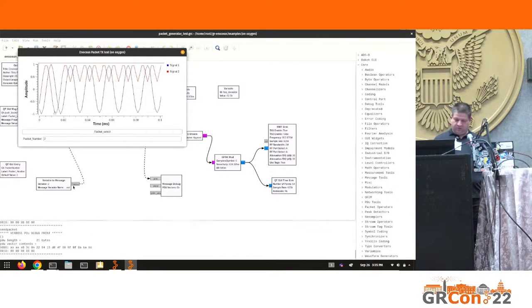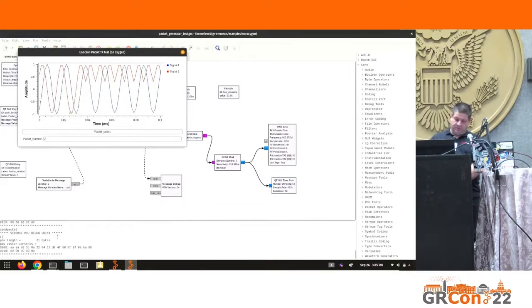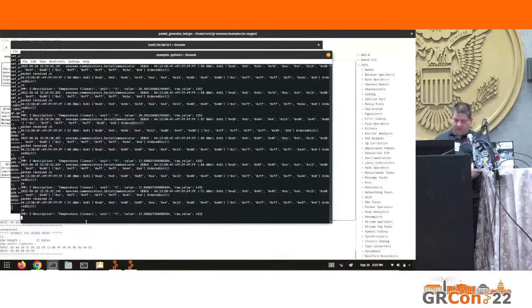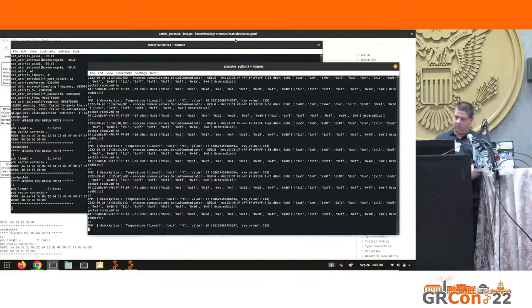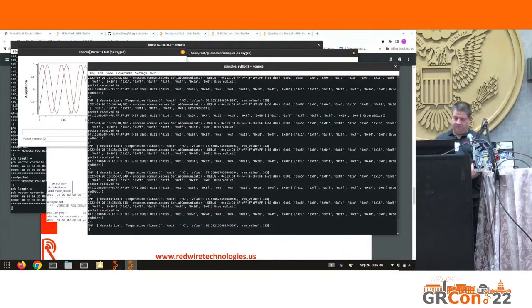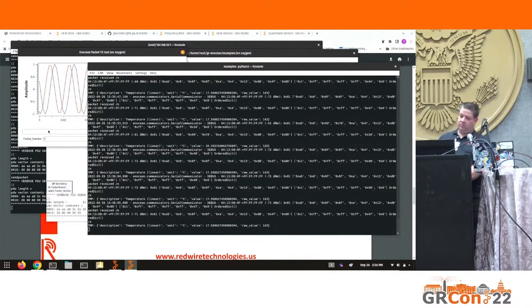This particular one is sending out a GNOME packet, which is the one that's ending in the 143 for the raw value on it, 17 degrees Celsius.